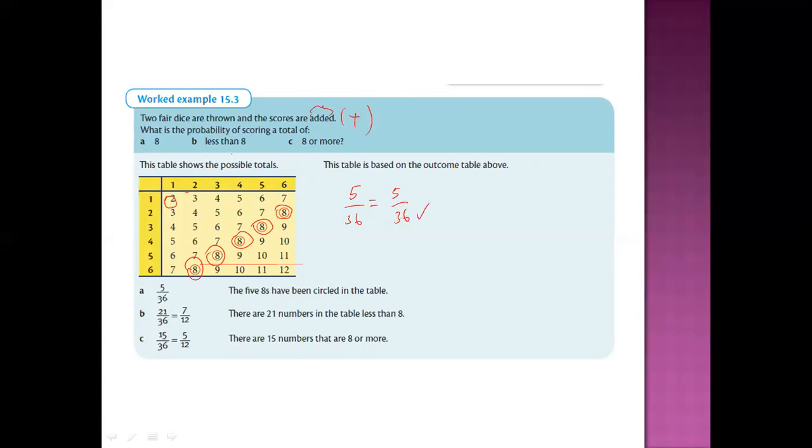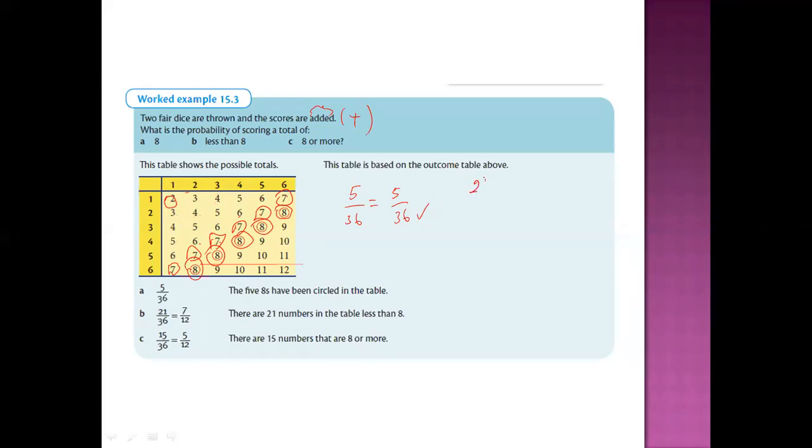Okay, and the second question, B, what is the probability of scoring a total of less than 8? So less than 8 means from 7 down to 2, okay? So 1, 2, 3, 4, 5, 6. You can take a circle or square. 1, 2, 3, 4, 5, 6, 7, 8, 9, 10, 11, 12, 13, 14, 15, 16, 17, 18, 19, 20, and 21.